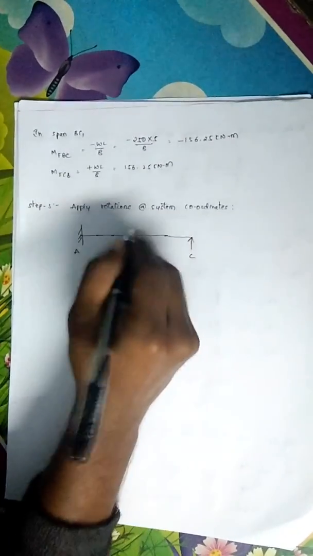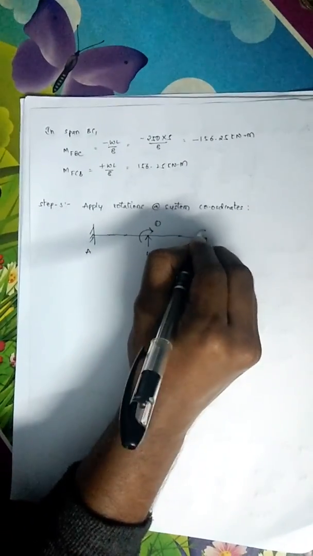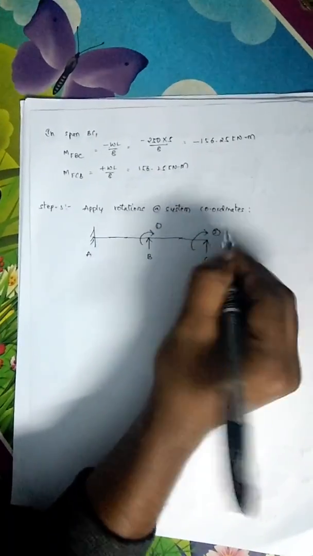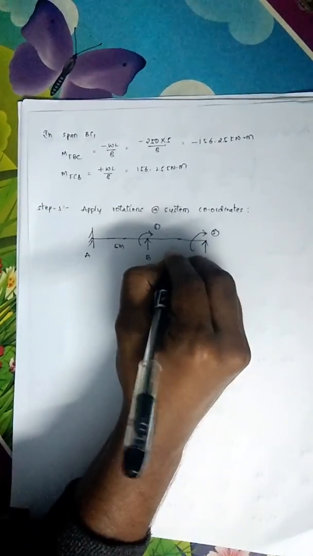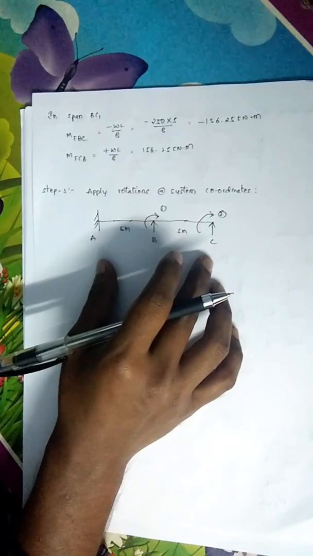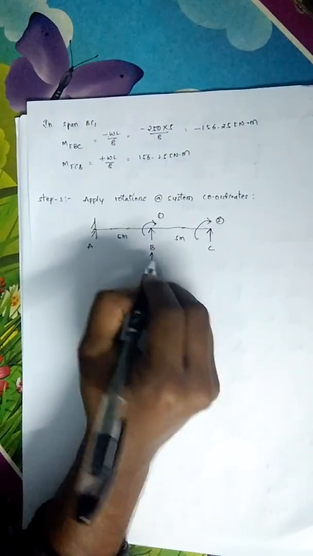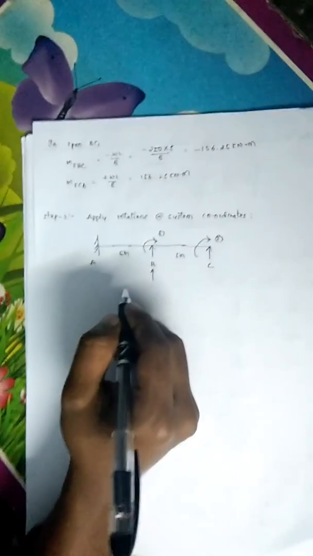B. This is the first coordinate, this is the second coordinate, 5 meters, 5 meters. For this we have to neglect external forces, since there is no sinkage of support, hence we are neglecting external forces.